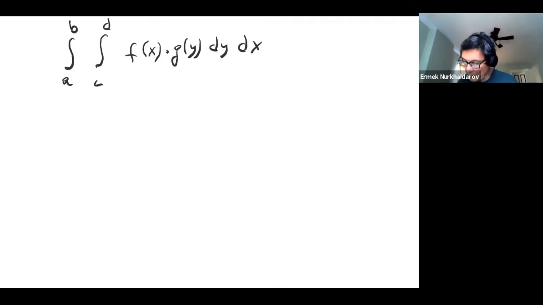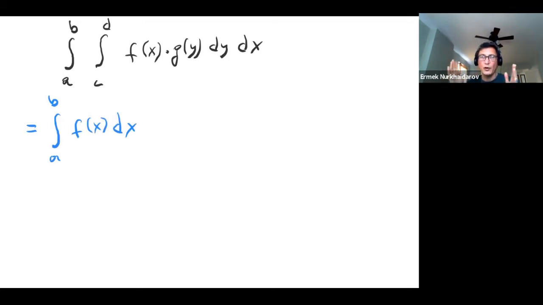Then we're going to split that into a product of one integral which will deal with x only, because we can just take all the y's outside of the integral with x, and we can take all the x's outside of the integral with y, and we can separate them and keep the product in between.